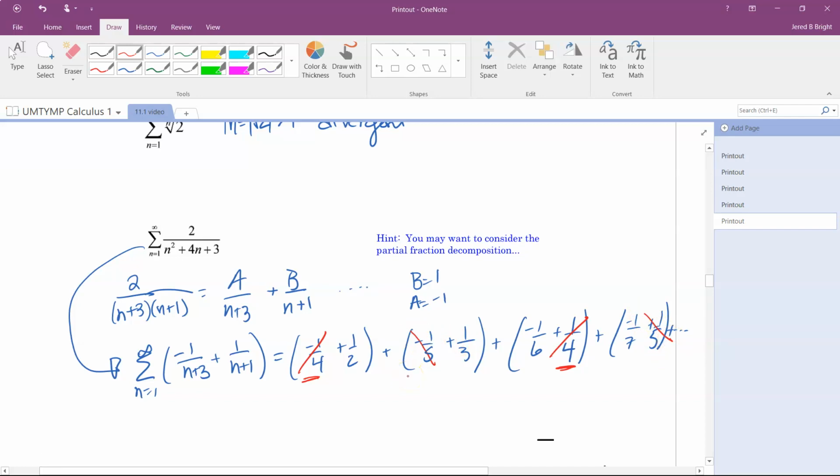And if this is an infinite sum, the 1/6 is going to cancel eventually, the 1/7 is going to cancel. So at the end of the day, what I'm left with is the 1/2 and the 1/3. So really, all I have to do is add 1/2 and 1/3, and that's 5/6. So that's actually really useful.